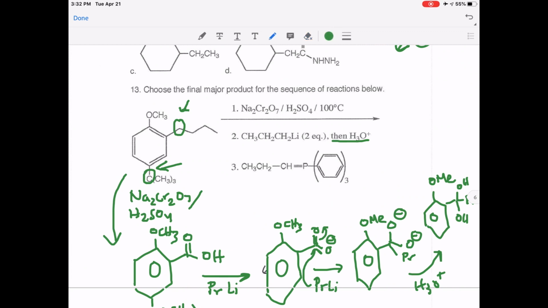So now we're almost done with the second part. This is where one of these oxygen groups will have to go.